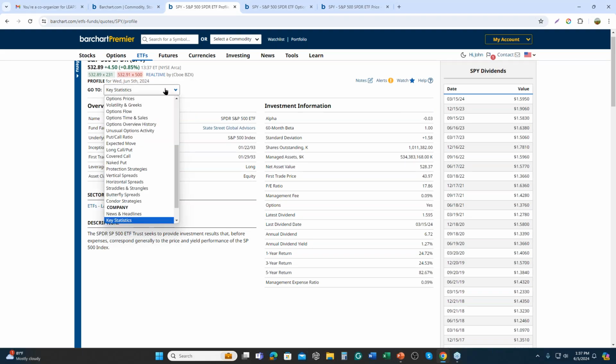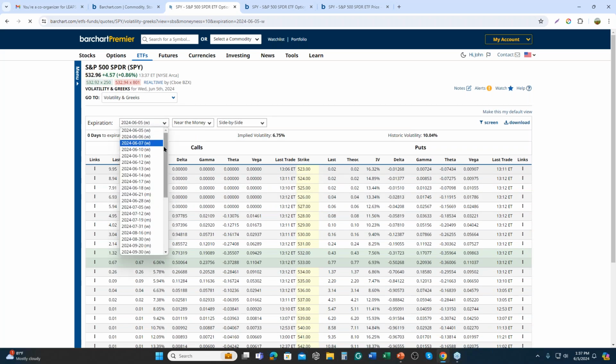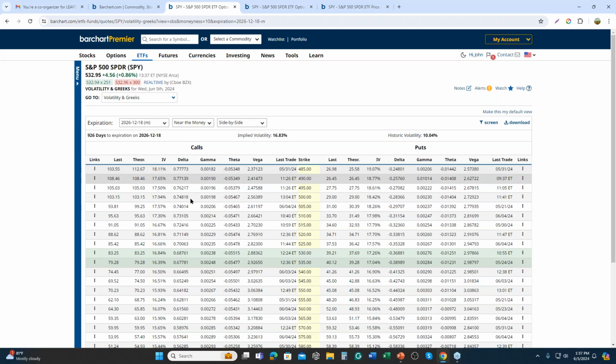Again, I'm just going to go back to my Greeks and volatility, and let's go to the farthest LEAP we can find. Here we are at the money, and you can see the delta for the at the money is 0.687. So what does that represent?